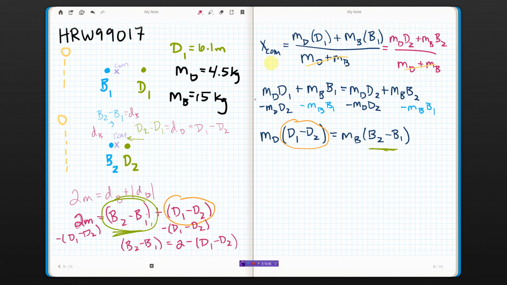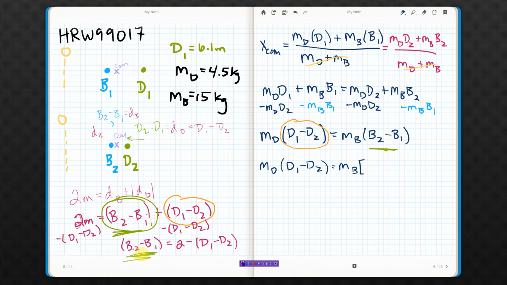Okay, so I'm going to take this chunk and I'm going to replace it over here. So now I've got mass of the dog times the quantity D1 minus D2 equals mass of the boat times the quantity, and actually I'm going to get a couple things, so this should be brackets.